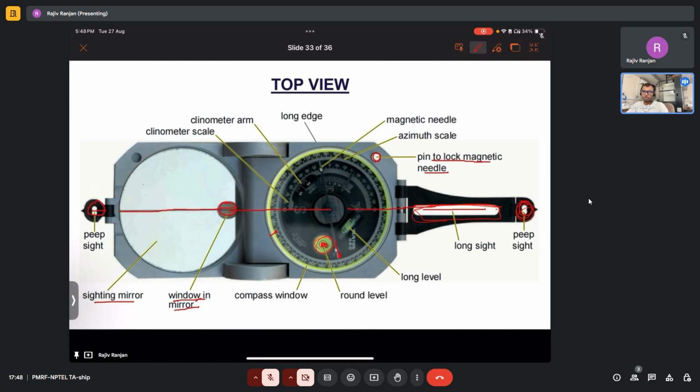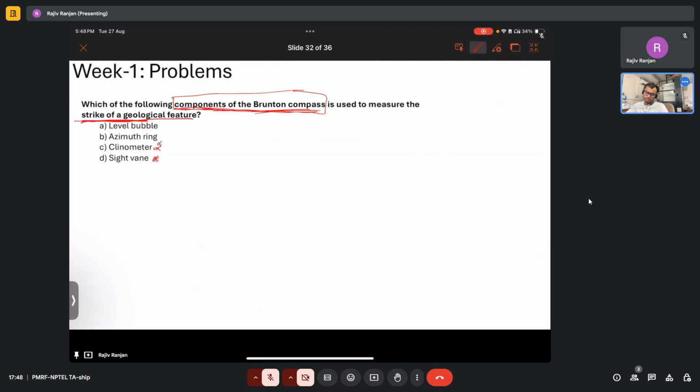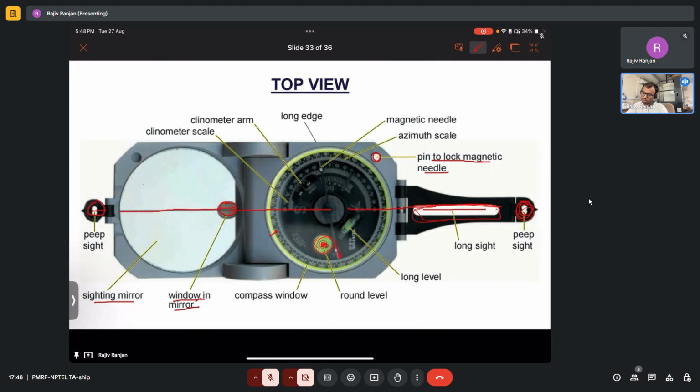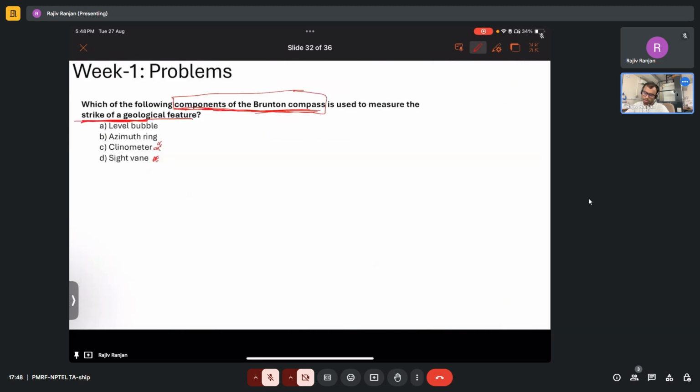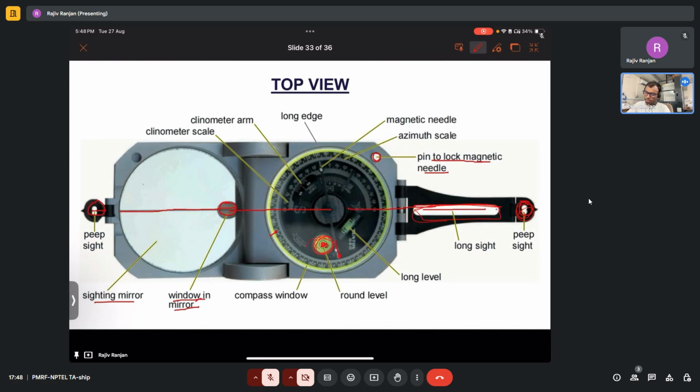This is not used to measure strike. And what else? Azimuth ring. The azimuth ring is something that gives you a reading, but that is not the main component. The main component is to make this horizontal, zero, bullseye.